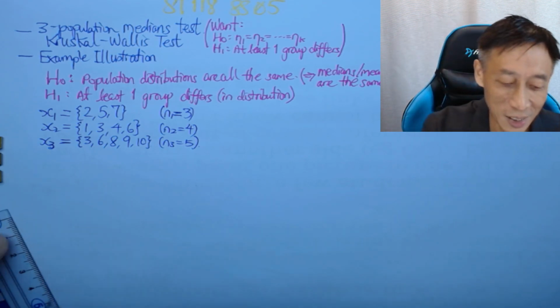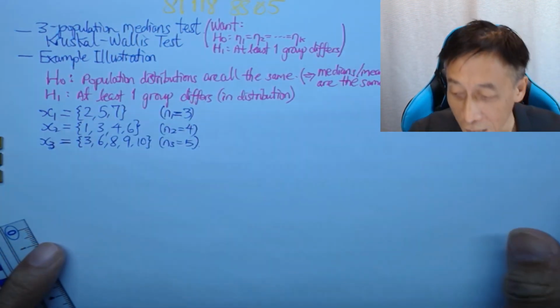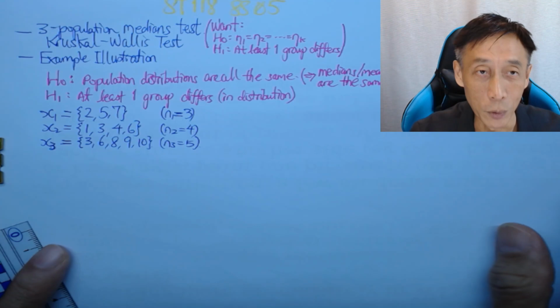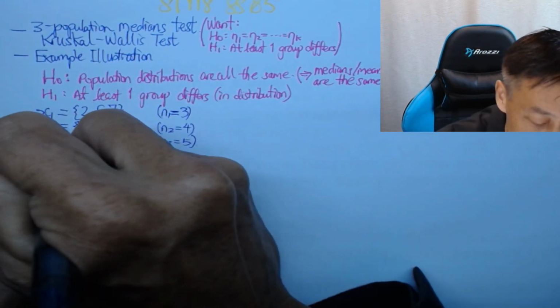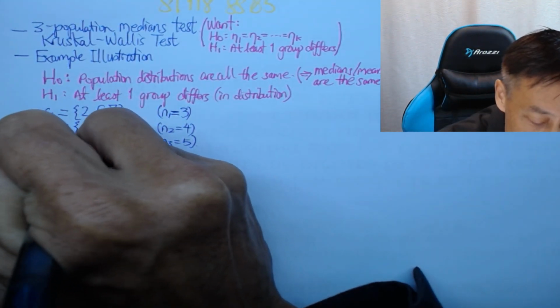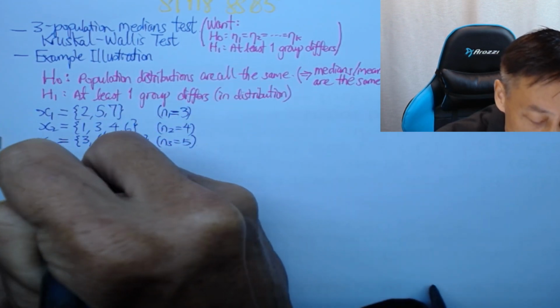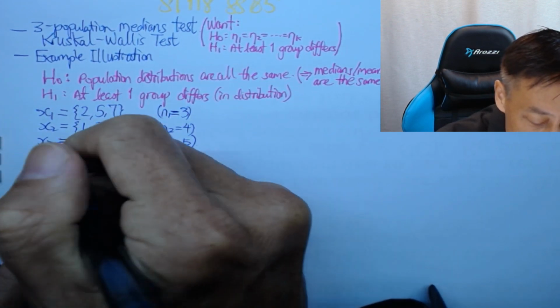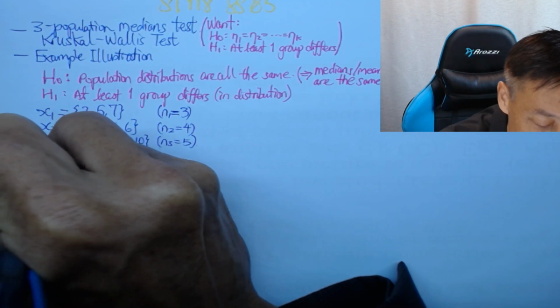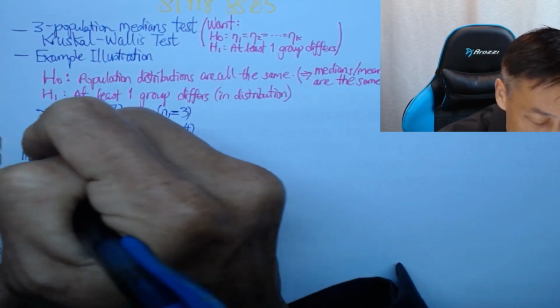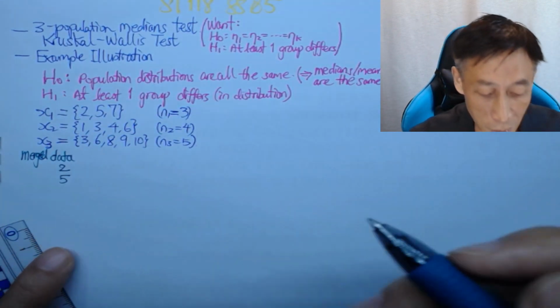Okay, so what we are going to do is to rank the data. Again, we are going to put them together. We're just going to put the data, merged data in some sense, right? Merged, combined data, much like in the Mann-Whitney exercise.